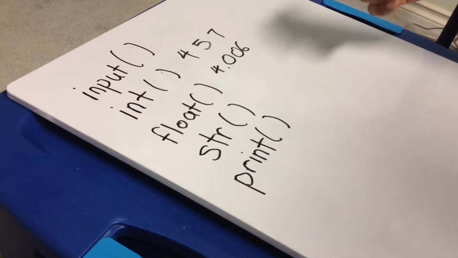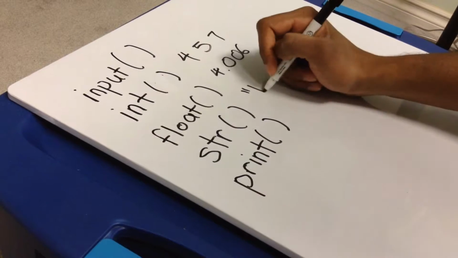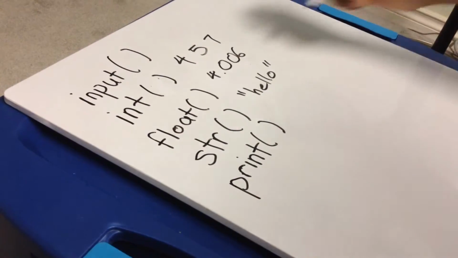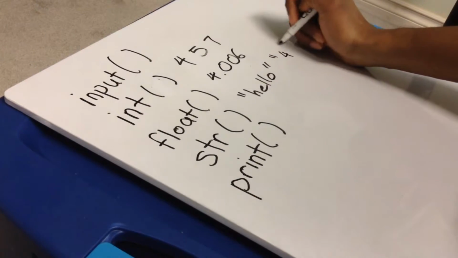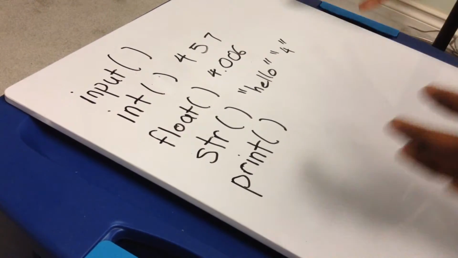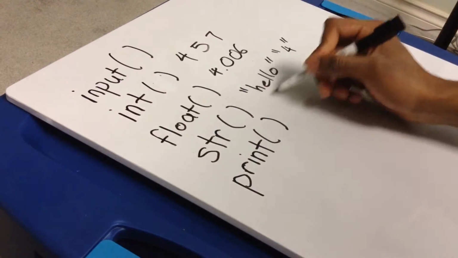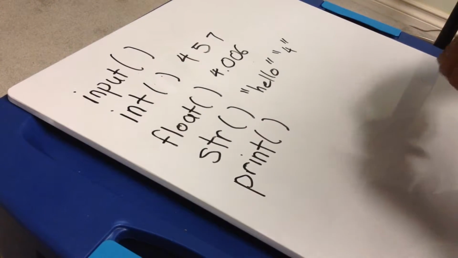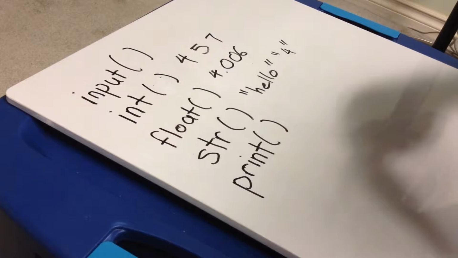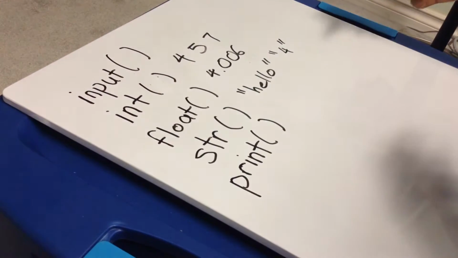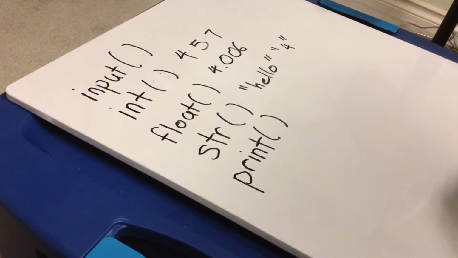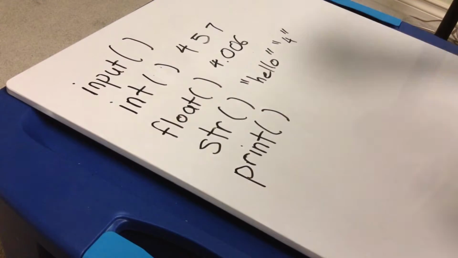It could be the word hello, or it could be the number 4. Hence, this would be a string because of the quotation marks around it and the fact that it's running in a string function. Alright, and if you want to know more, I will make a new video on it and talk about what the rules are and stuff. So this is just a basic outline.